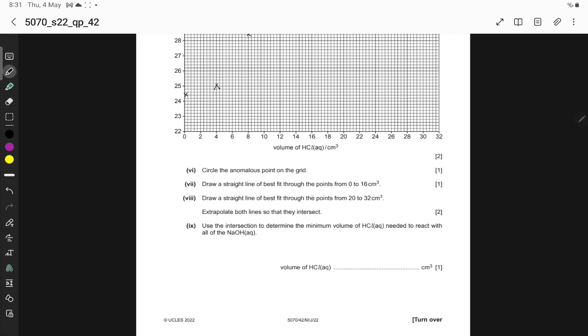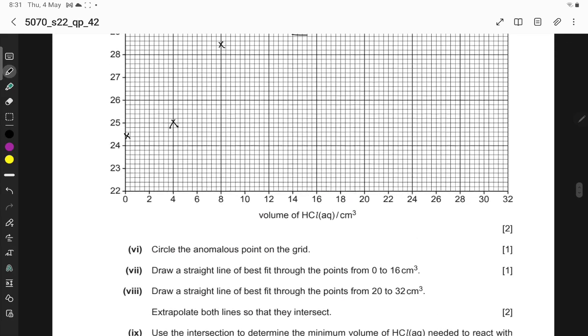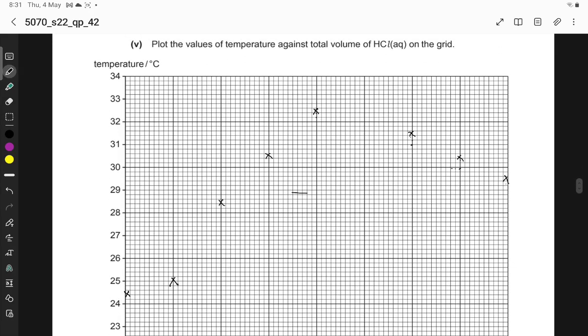Draw a straight line of best fit through the points from 0 to 16 centimeter cube. So this is the best fit line, and extrapolate.